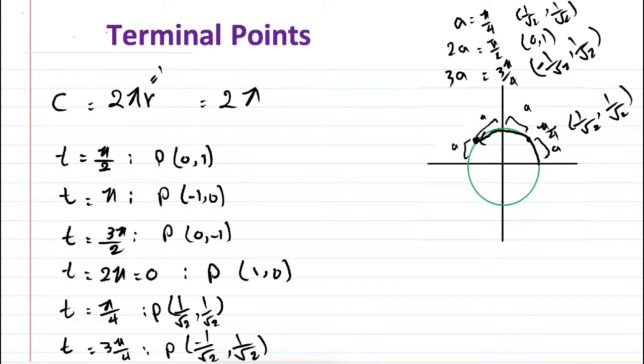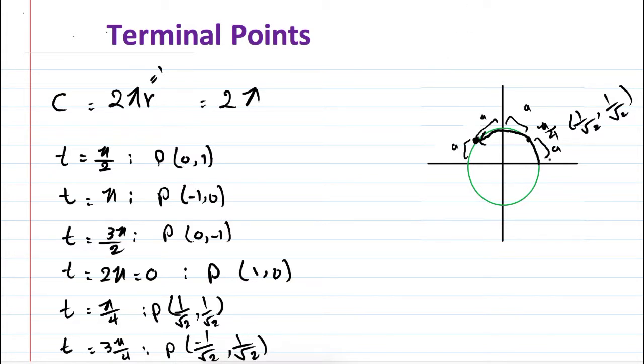Let me delete this. So this is a, this is 2a, this is 3a, this is 4a. How about 5a? This is 5a, this is 6a, this is 7a, this is 8a. So 5a equals, if this is 3 pi over 4, this will be 4 pi over 4, which equals pi, so 4a equals pi. 5a will equal 5 pi over 4.